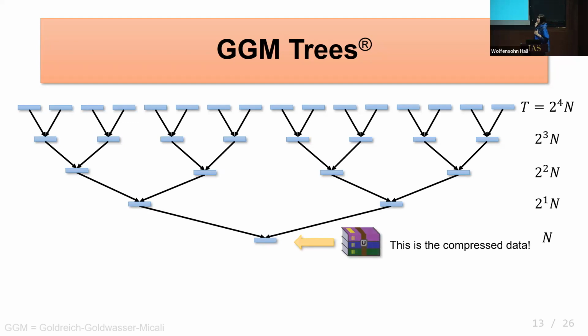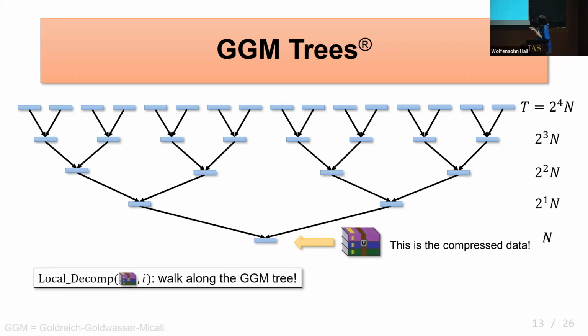So given a long string of length t, you compress it into length n. If you want local access to the ith bit of the long string, then you can just start from the root and walk along the tree, something like this.